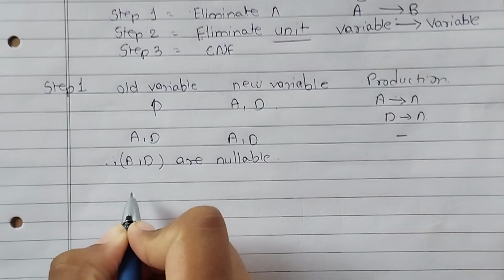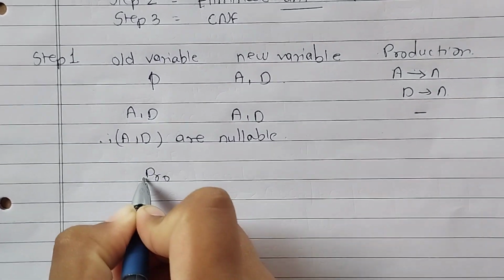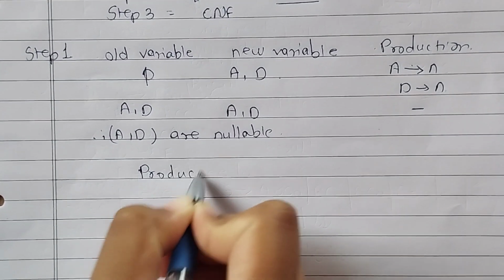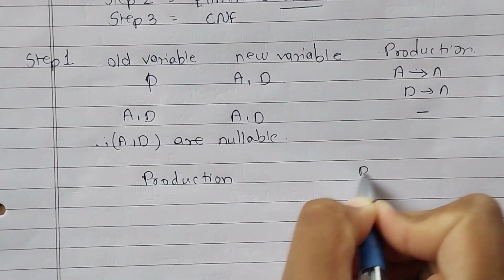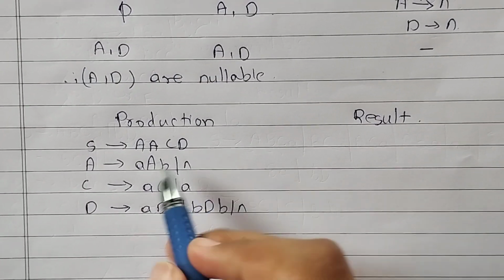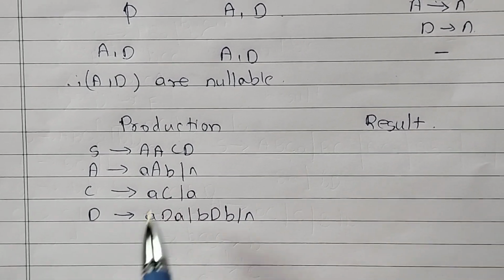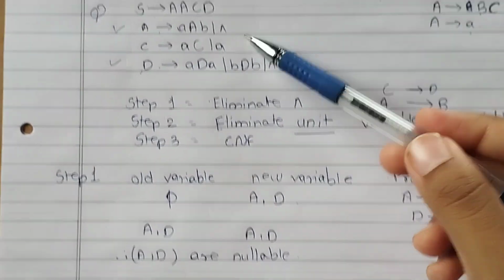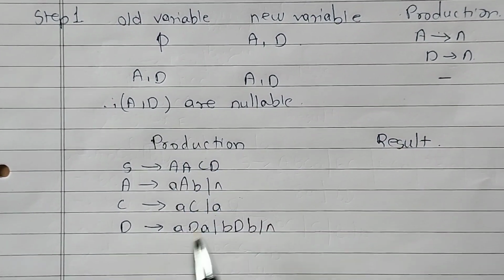So our production is, here is the production we write, and here is the result. So this is our initial production. Here we see this is the question. So this is the initial production.